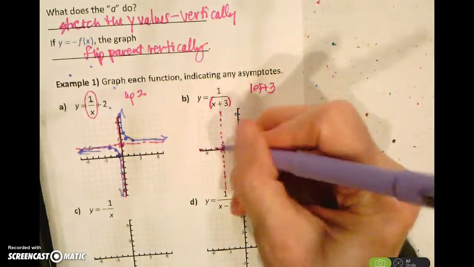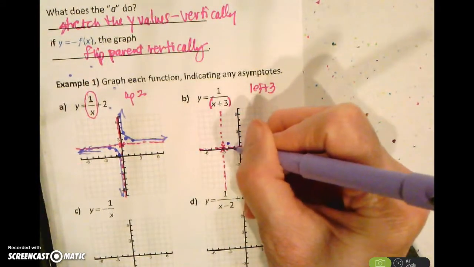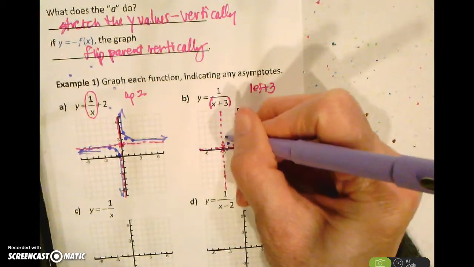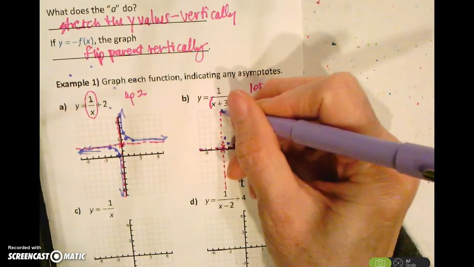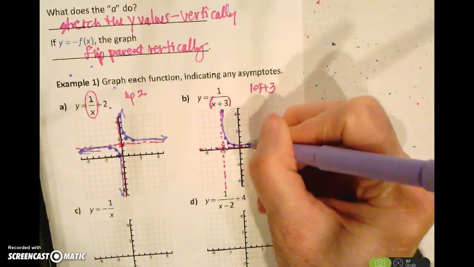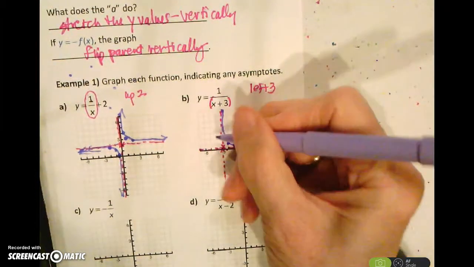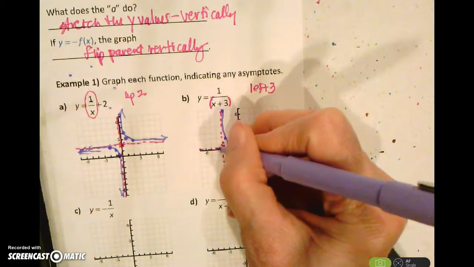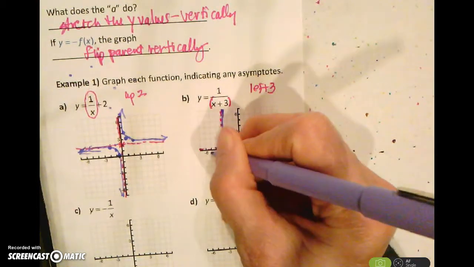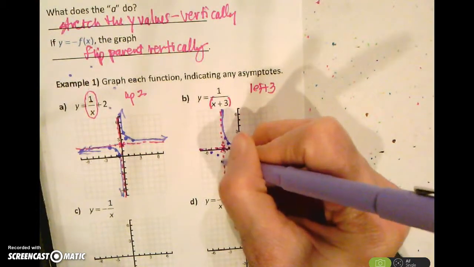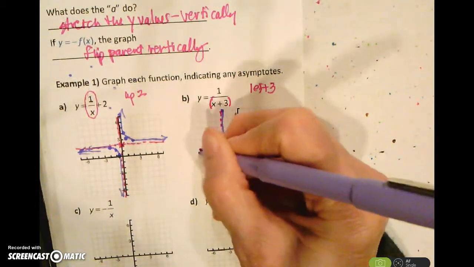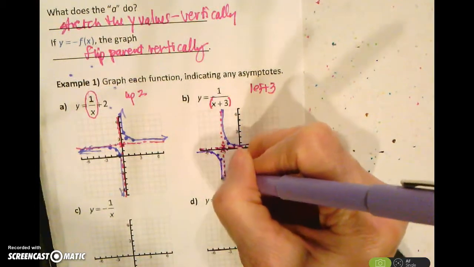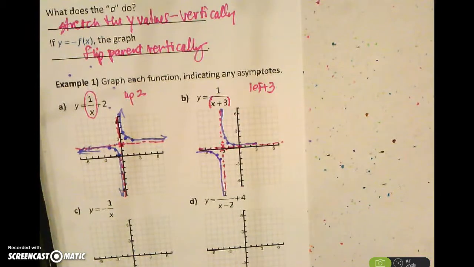I'm going to put my parent points on, 1, 1, 2, 1/2, 1/2, 2, and sketch that in. And then from my new origin, -1, -1, -2, -1/2, and -1/2, -2, and sketch that in.